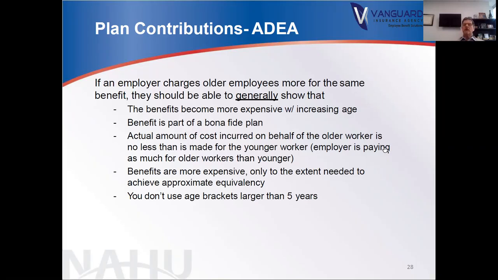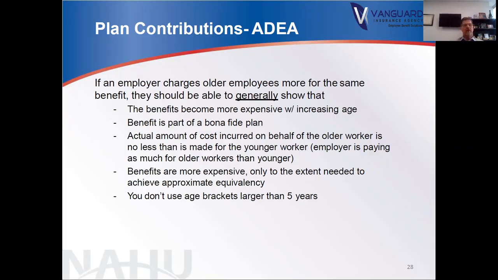So if an employer charges older employees more for the same benefit, they really should be able to show that, one, the benefits become more expensive with increasing age, so the plan is age banded. The benefit is part of a bona fide plan. It's a compliant plan.